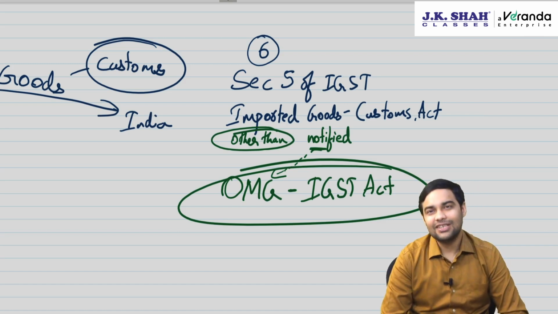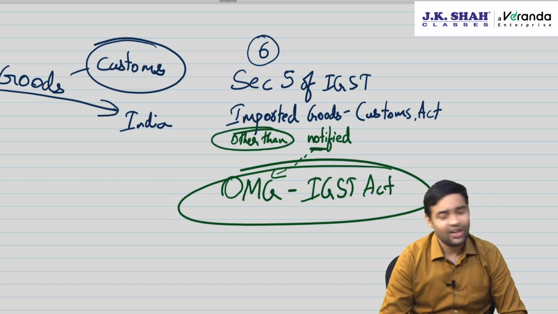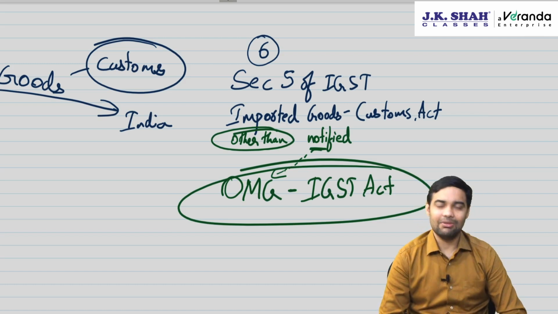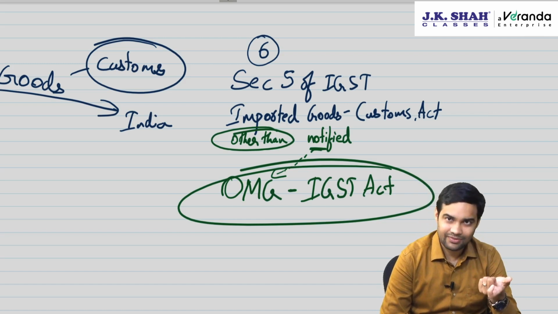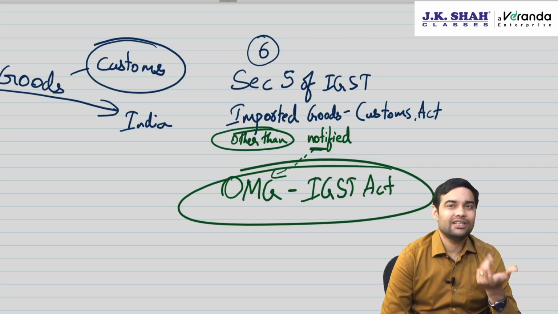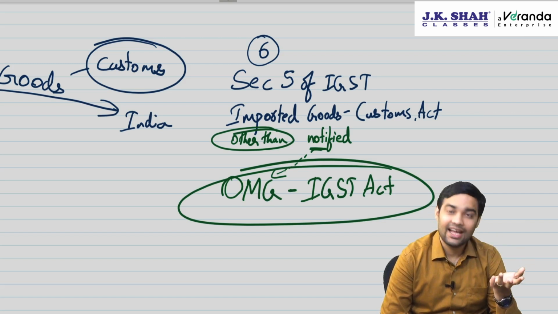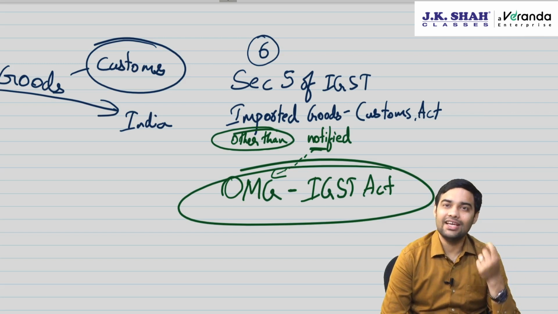So can you tell us the difference between online money gaming and online gaming? Online gaming includes online money gaming, but online gaming will be a service and it is an OIDAR service. All the provisions of OIDAR will apply. Online money gaming is involving money.